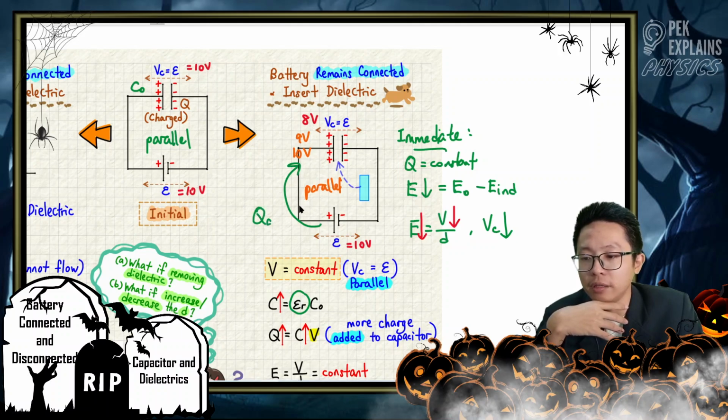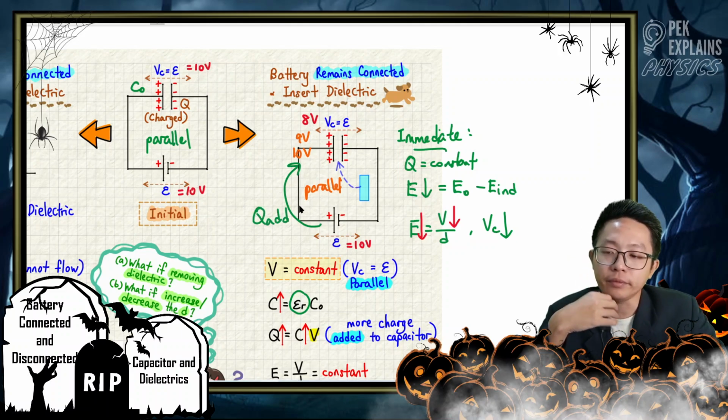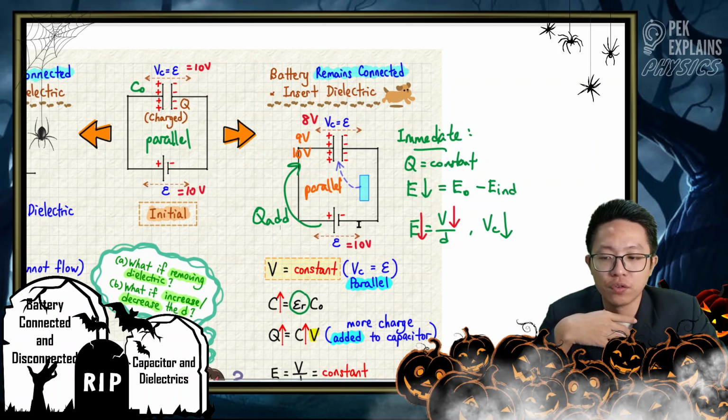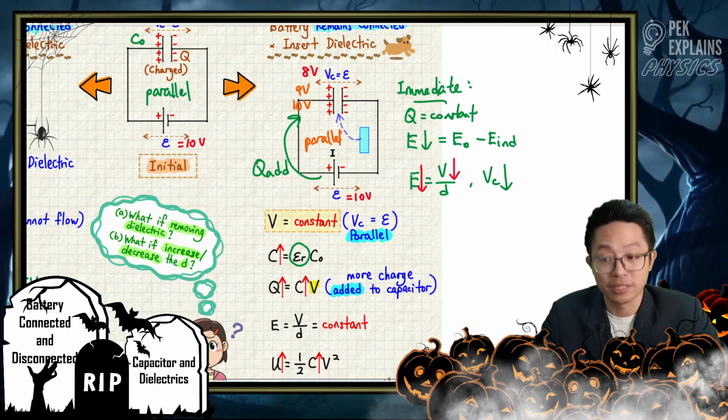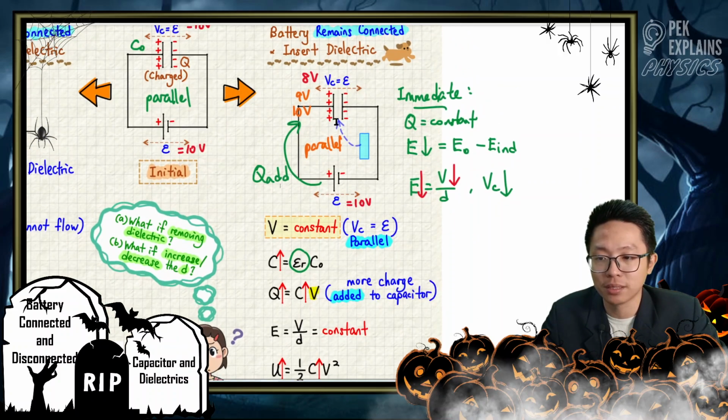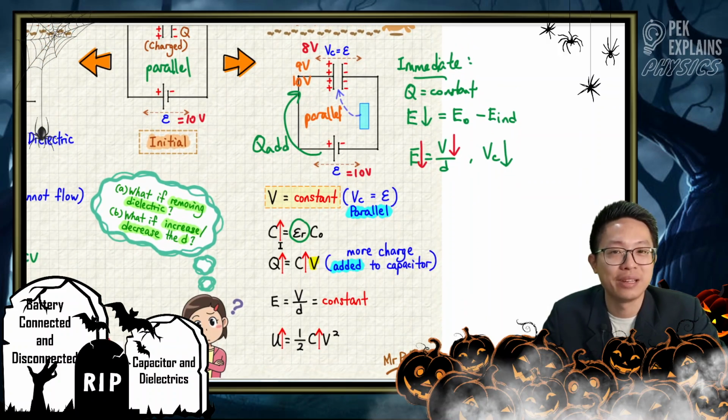This is the additional charge. Additional charge flows from the battery to be stored in the capacitor so that the voltage will go back up to 10 volts, equal to the EMF. Okay, because now the capacitor has higher capacitance already.